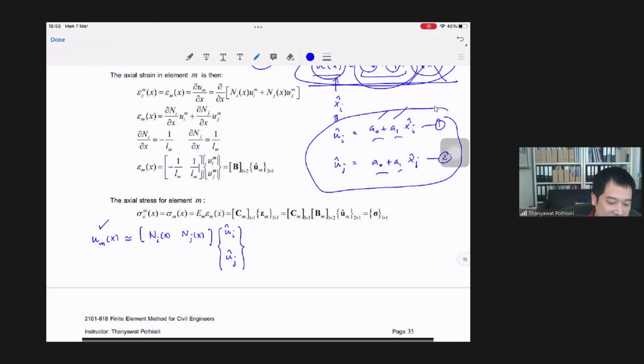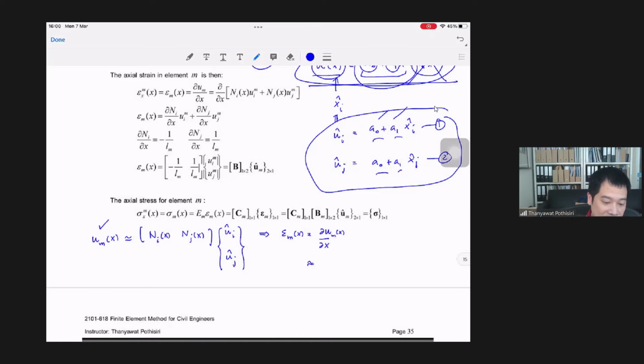So based on this, I can compute the strain value, based on the displacement field by finding the derivative. So epsilon in this case would be epsilon xx, by computing del u by del x.